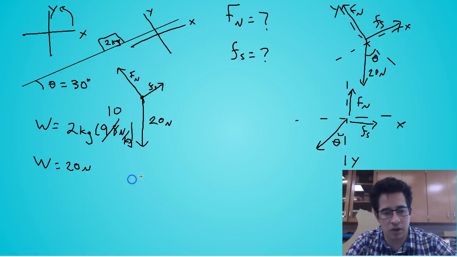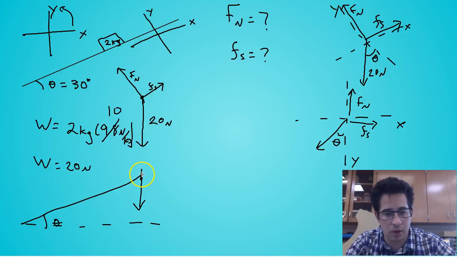So if this is our triangle, and this is the gravitational force right here pushing down, and this is angle theta, which in this case is 30 degrees. Well, we can draw another right triangle right here. So this is 90, this is 90 right here. So if this is 90 and that's 30, then this would be 60, or 90 minus theta.